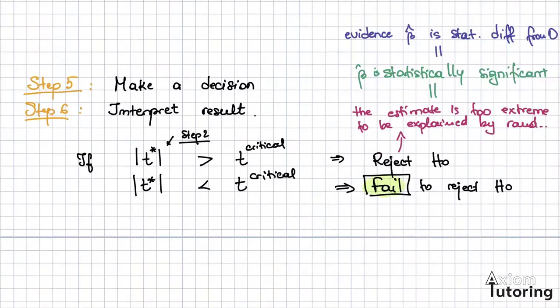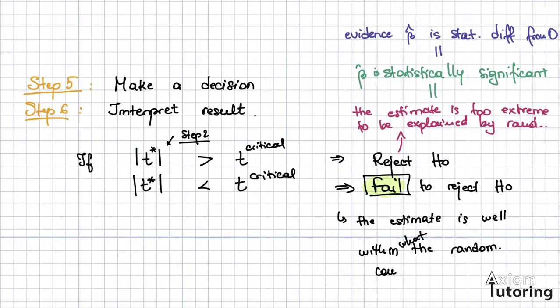Which means that now when we say that we fail to reject the null hypothesis, what we're saying is that the estimate is well within the randomness, or within what the randomness could generate.